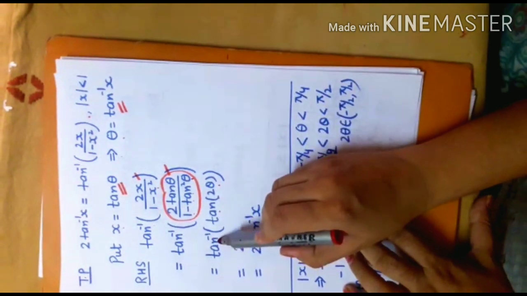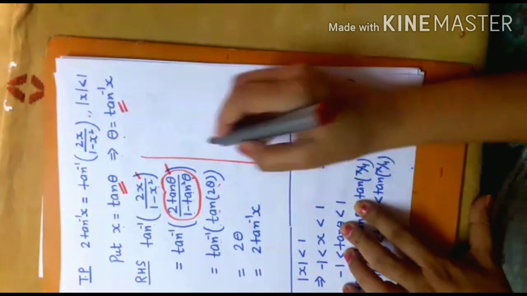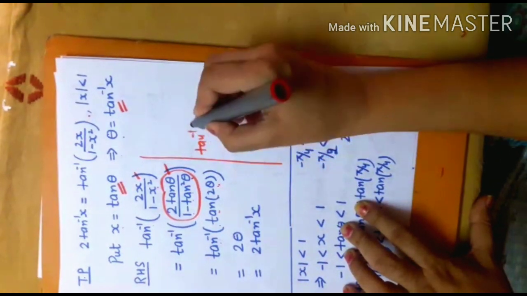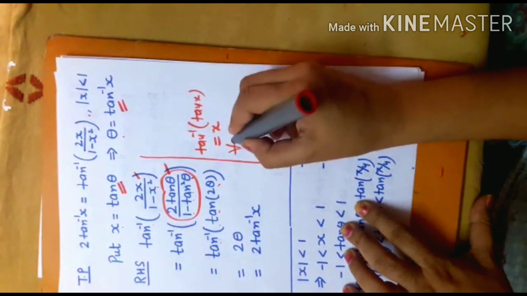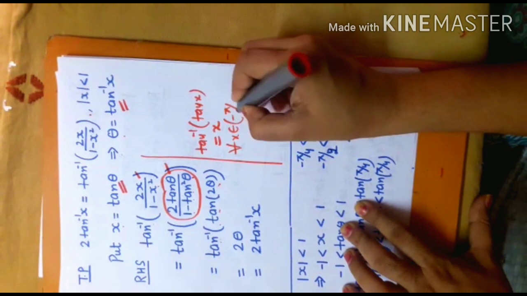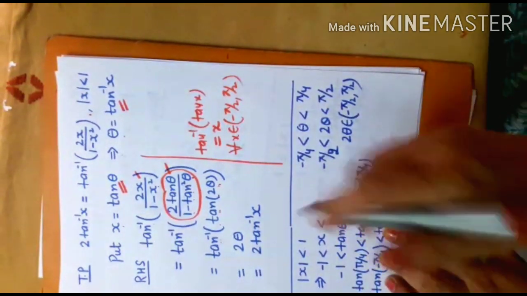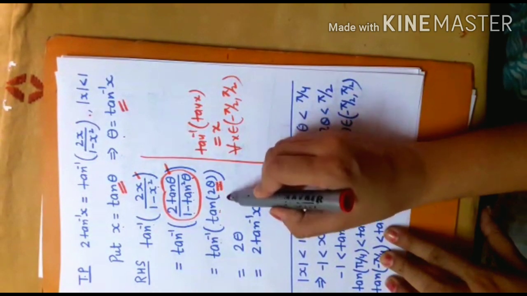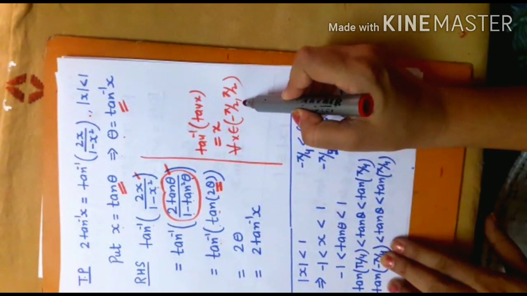So I'll get tan inverse tan 2 theta. And now we know that tan inverse tan x is equal to x for all x which belong to the open interval minus pi by 2 to pi by 2. So I will check whether this 2 theta belongs to this interval or not.